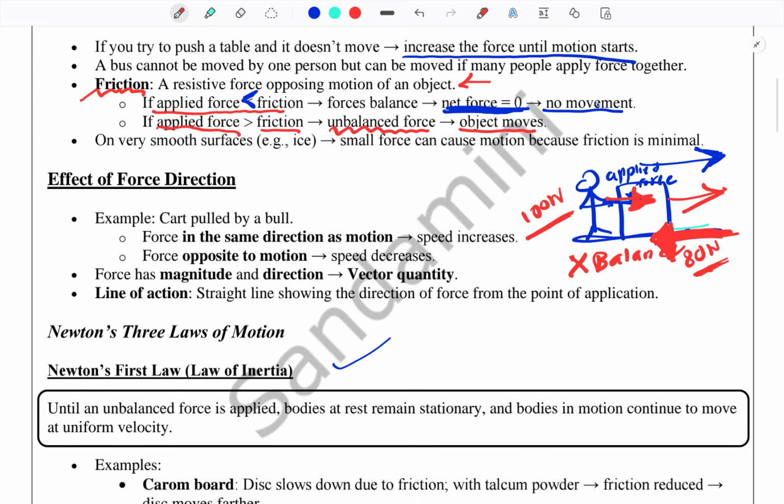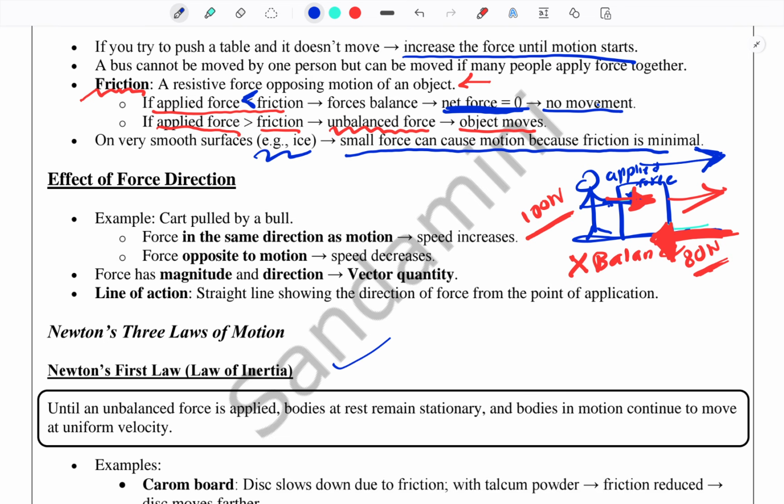On very smooth surfaces, what happens? For example, on ice, a small force can cause motion because friction is minimal. Think of a real situation. If you want to walk on a very rough floor or on ice or a slippery road, which is easier?